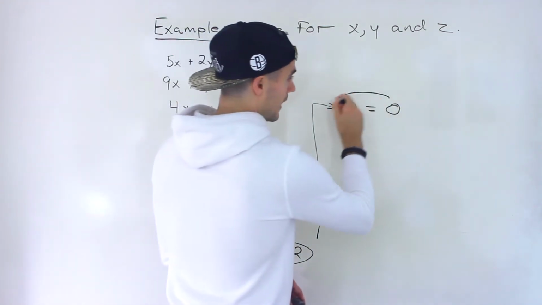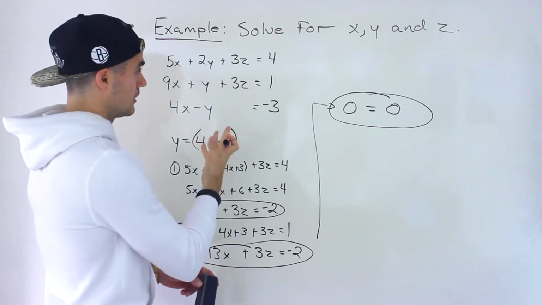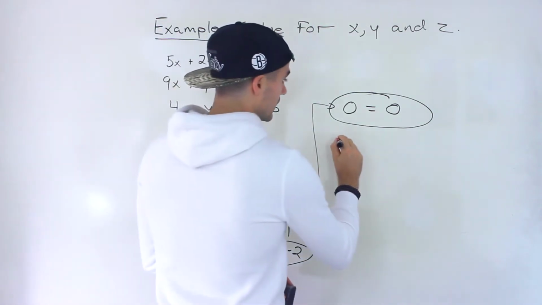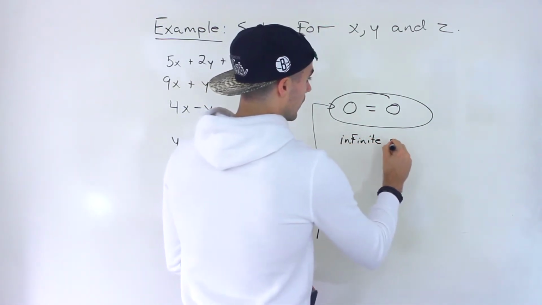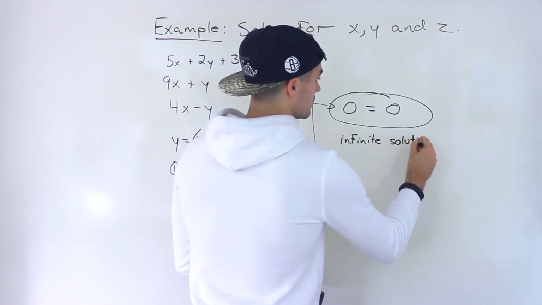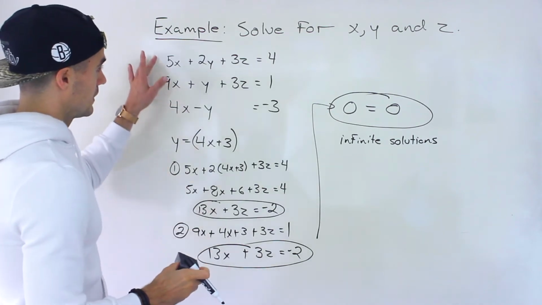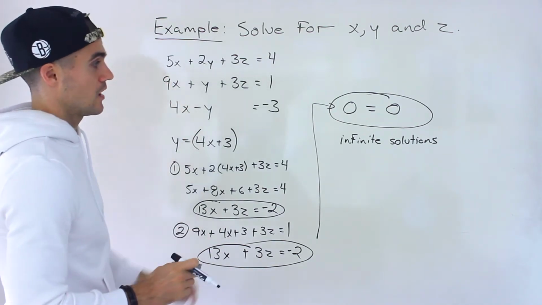And whenever you end up having this in a question like this, it means that there's an infinite amount of solutions, right? So there's an infinite amount of points of intersections in this system of equations.